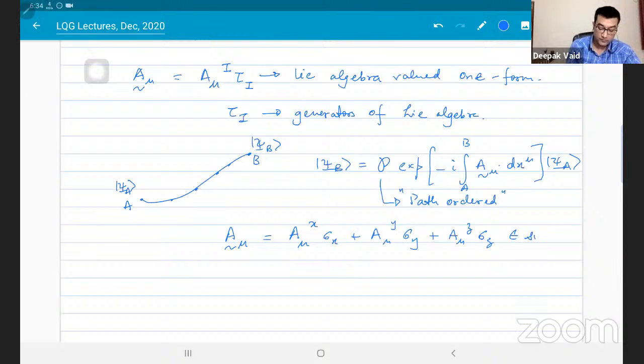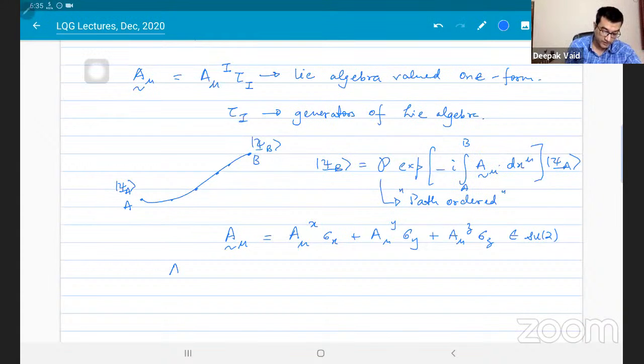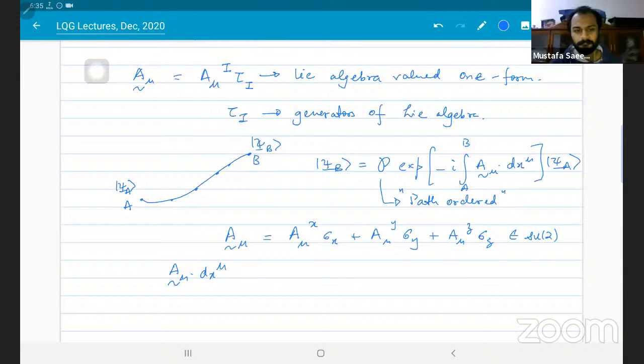So this is an element of the Lie algebra of SU2, right? So this is a matrix. Now I dot it with dx mu. Dx mu is the tangent vector at each point along the path. So if you dot it with the tangent vector, you will get a matrix, right? Yep, I see it. Thank you. Right. Okay.